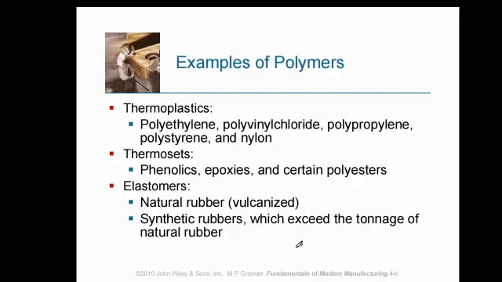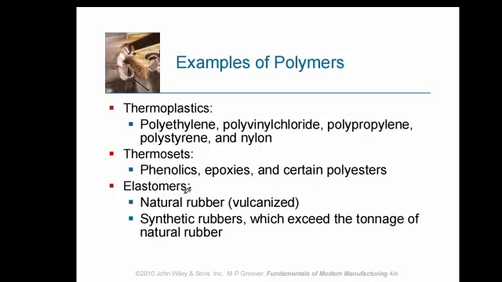Then examples of polymers are shown there. You see the thermoplastics. You have polyethylene, PVC, polypropylene, polystyrene, and also nylon. Whereas for thermosets, you have phenolics, epoxies, and some certain polyesters.